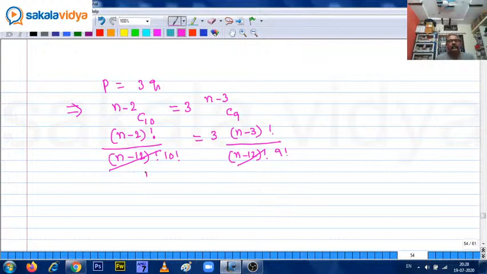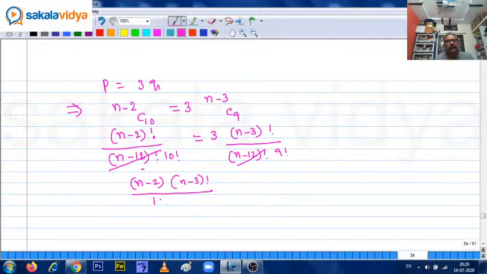n minus 2 factorial upon 10 factorial, which can be written as 10 into 9 factorial, is equal to 3 times n minus 3 factorial upon 9 factorial. Now n minus 2 factorial means n minus 2 times n minus 3 factorial.